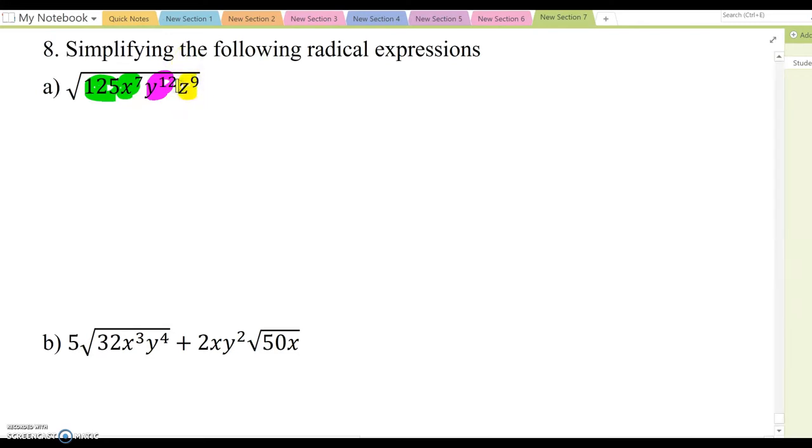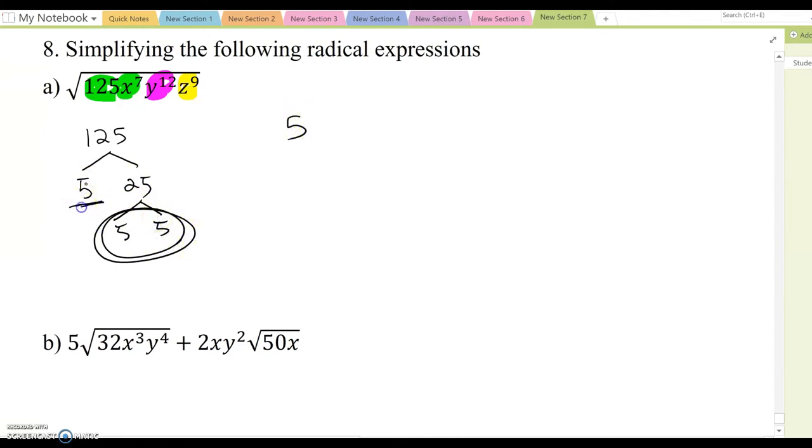And since this is a square root, every pair comes out as one single value here. So simply, you can think 125 means 5 times 25, and this is 5 and 5. So this one pair will come out as a single 5. This one must stay in the square root box.